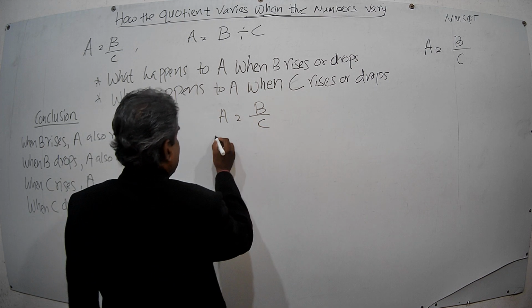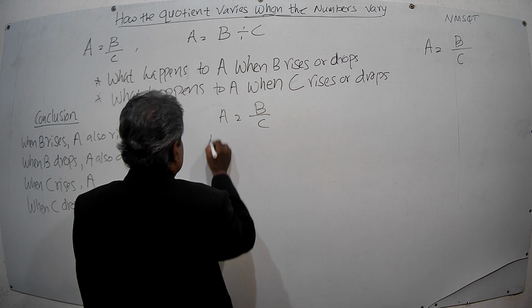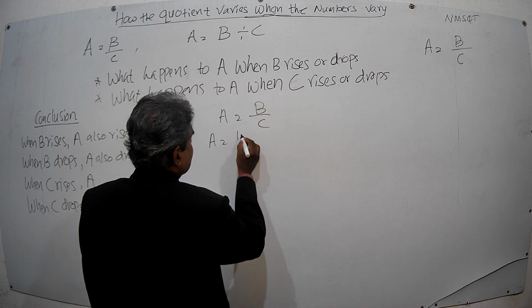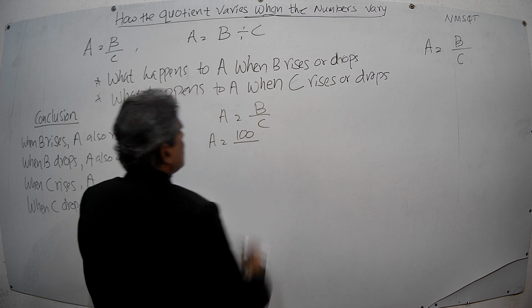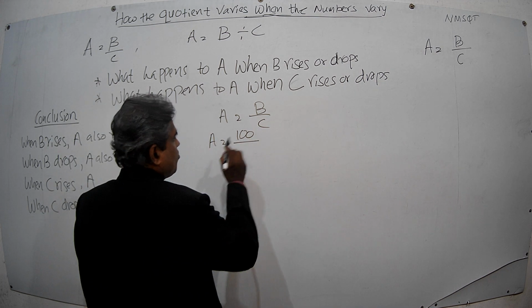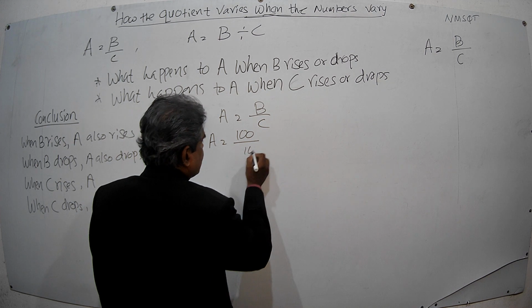For B I will put 100. For C first I take 10.